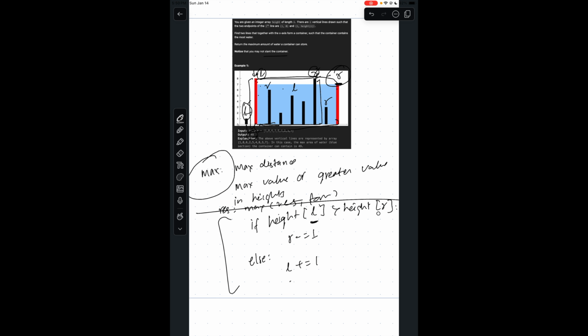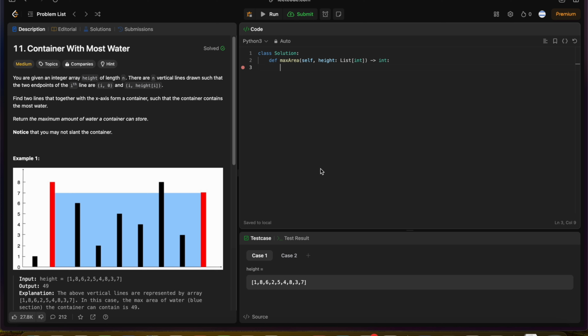So now let's go to the coding session and see how it goes. So here we are with the coding session. We'll be using Python to solve this problem, but before writing code, let's write out the algorithm we discussed. Use two pointers, one on leftmost, one on rightmost.